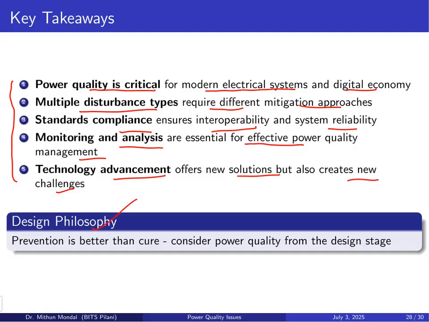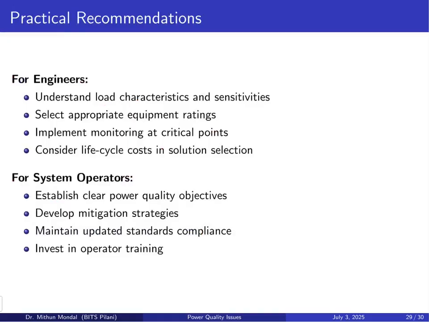Design philosophy: prevention is better than cure, we say. Consider power quality from the design stage. Right from the design stage, if we consider power quality as an important parameter, then the issues will be brought down tremendously.